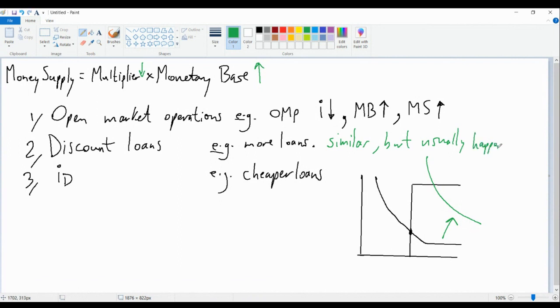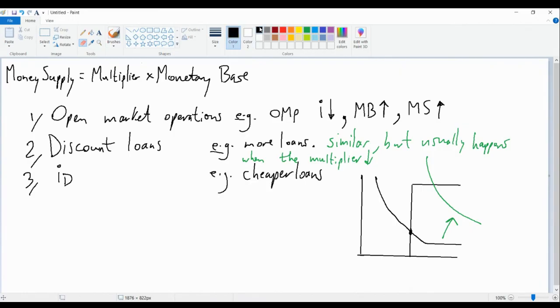Usually happens when the multiplier is going down. So then the final impact on the money supply is less clear. Not because of the impact of the loans, but because the Fed tends to make these loans in crisis situations.